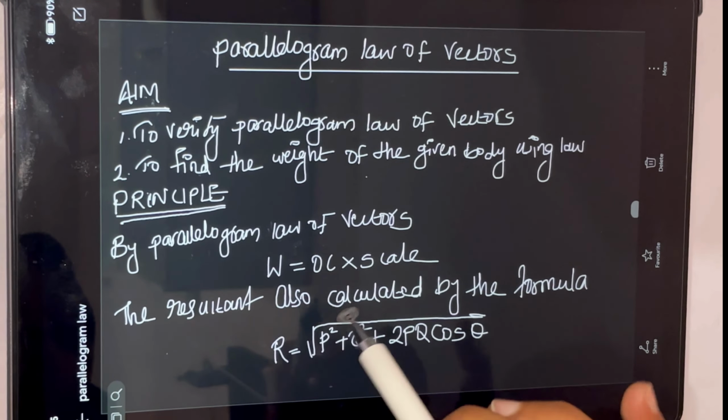The next one is R equals under root P square plus Q square plus 2PQ cos theta. So let's do this one. Now we get a value of 207.8. So we did the first observation as well as the calculation of that.